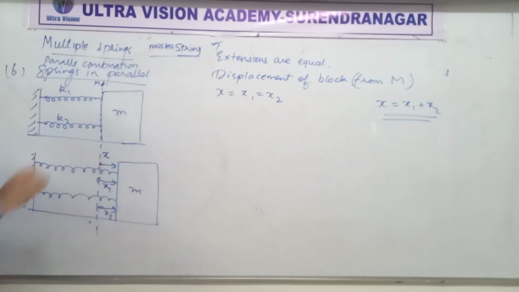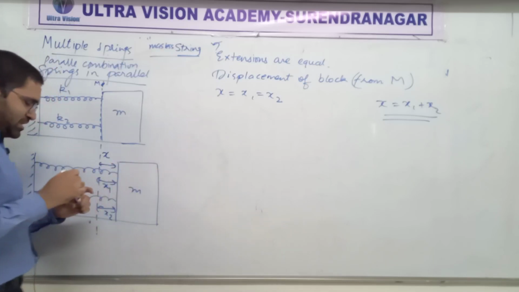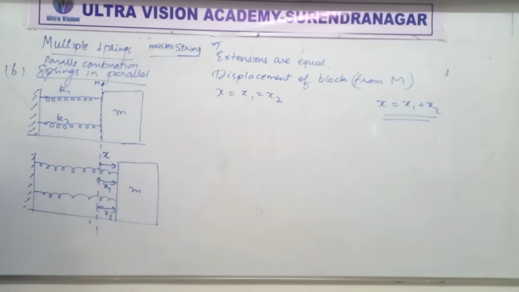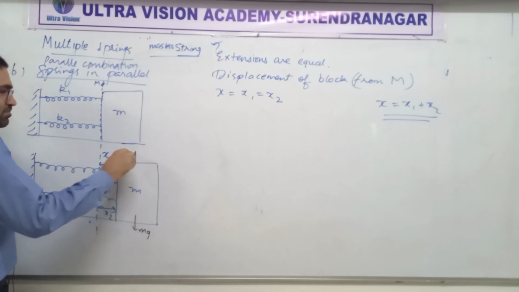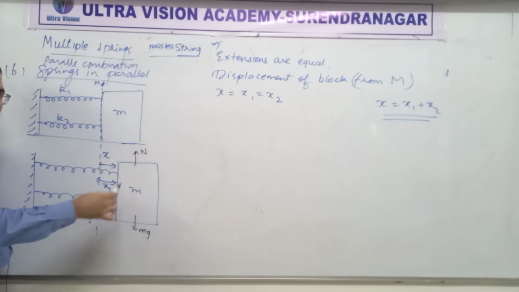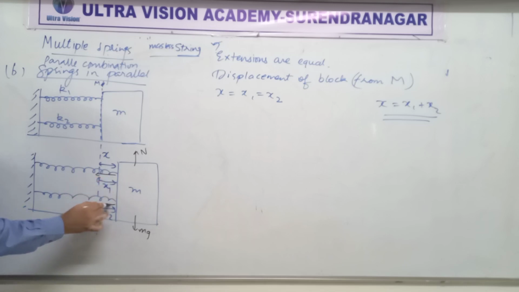One more thing. Let's draw the FBD of this block. Very simple thing. You will not have any problems at all whatsoever. If you ignore the usual mg and normal force, don't worry about that, they don't bother us. There will be two forces on the left side. One from spring 1 and one from spring 2.